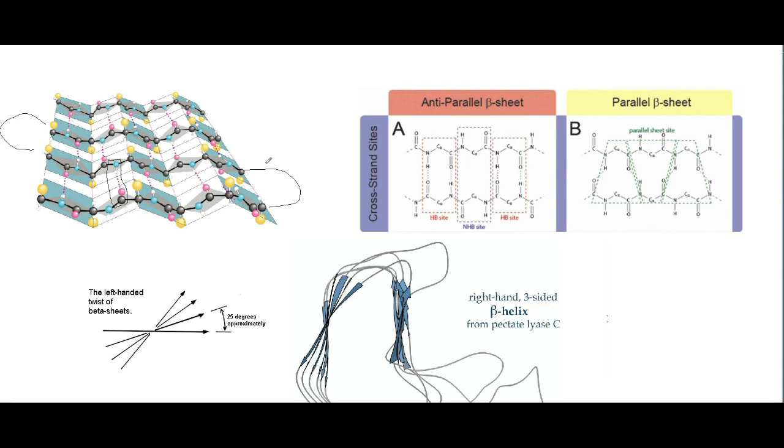So we have these anti-parallel sheets where, we know that these chains have a directionality to them. Let's see what the directionality is on here. So this is our side chain here, and this is its nitrogen, so this would be the N-terminal direction, and this would be the C-terminal.